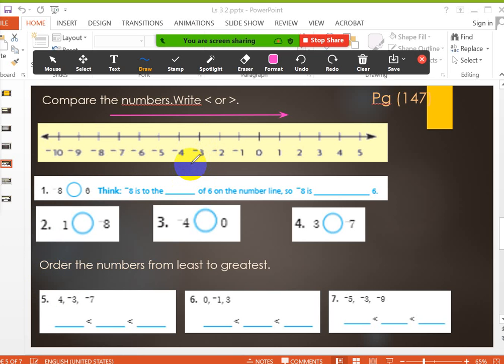Between 9 and 7. On the right or on the left of 0? On the left. Negative integers are on the left. That means this is negative 8.